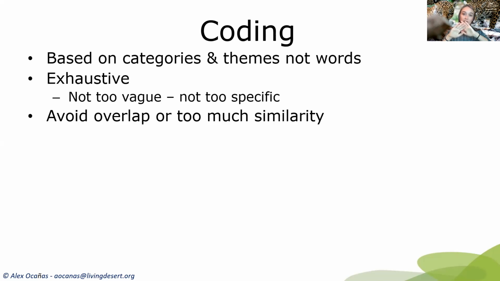Is there enough overlap there where we could just combine them into one category? Some of this is going to be up to you as you're presented with the data. Are those distinct categories, or are they overlapping to the point where it's really just one code? If there are just subtle differences, and it's not a clear difference, you typically want to group it together. And we'll go over some examples of what this looks like in action.